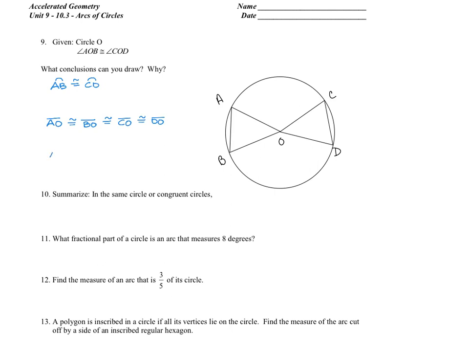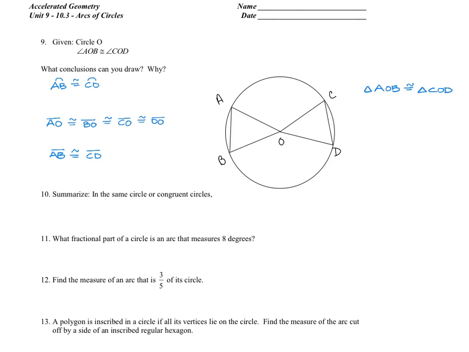We can say that segment AB is congruent to segment CD, because if arcs are congruent, then the chords are congruent. If we know all of that, we can say that triangle AOB is congruent to triangle COD by side, side, side.